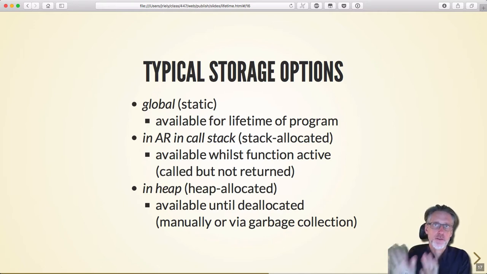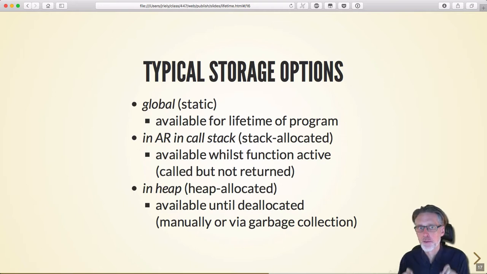So we end up with 3 separate storage options which are typical. There's usually different classes of storage, and these are the canonical ones used in languages like C and Java. So we have global variables or static variables. These are available the entire life of a program. There are activation records, which are used to store local variables and parameters, and those are alive for the life of a function.